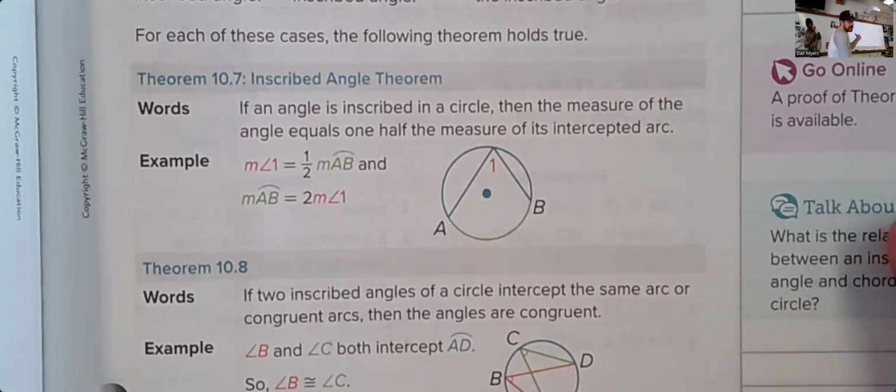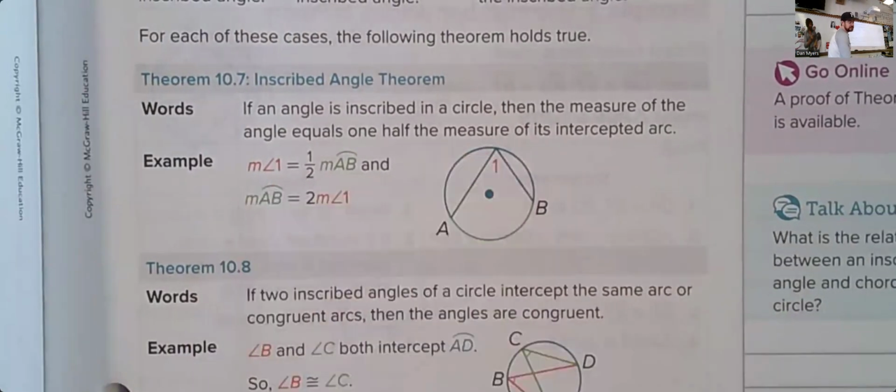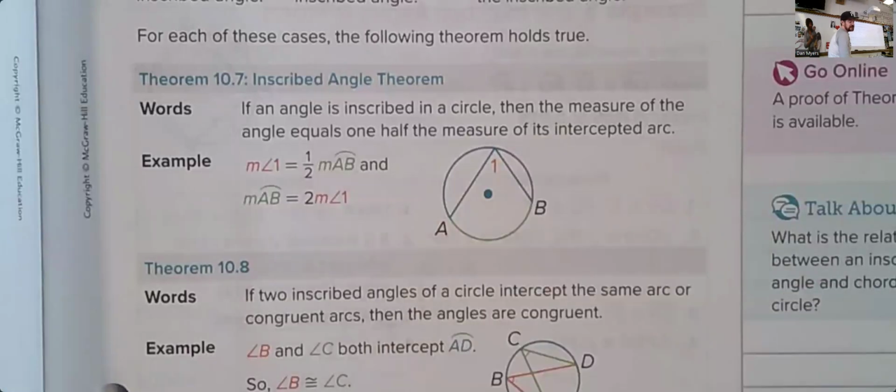Eyes up here. If an angle is inscribed in a circle, so angle 1, then the measure of the angle is equal to half of the measure of the intercepted arc. So basically, this angle here is equal to half of the degrees of arc AB, or the degrees in arc AB are twice the amount of degrees in angle 1.